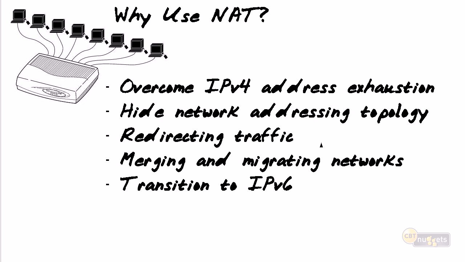Well, let me just say this, that eventually, as we fully transition over to IP version 6, we will see traditional network address translation going away, because the main reason for developing and using NAT in a ubiquitous fashion throughout the world was to overcome the rapid depletion of IP version 4 addresses.